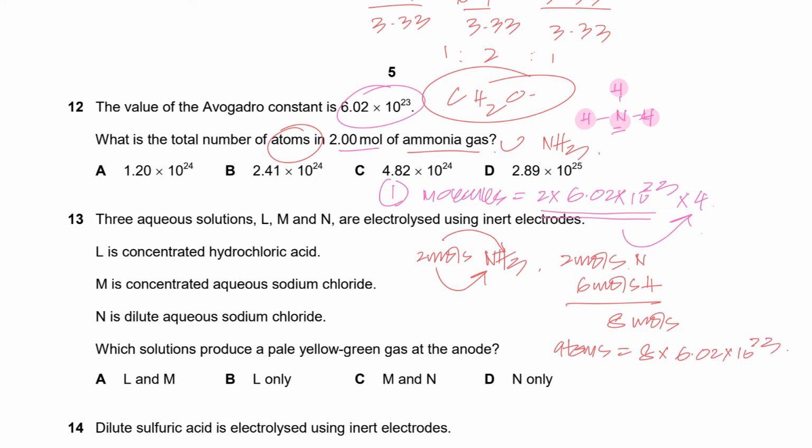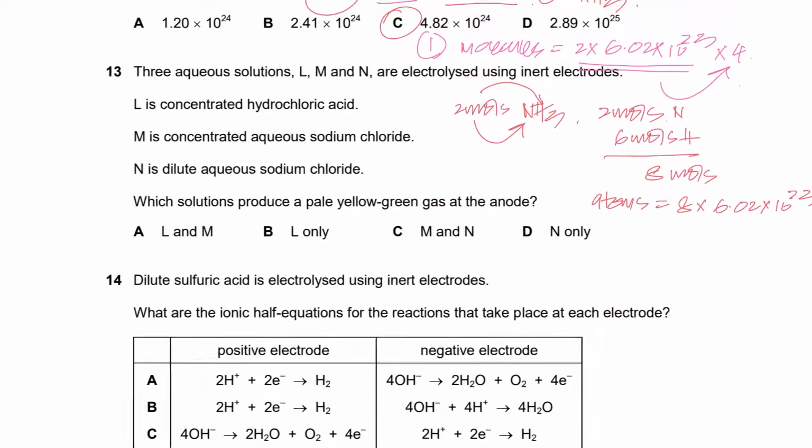Both cases give the same answer, because in the first case you multiply 2 by this number and then by 4, so 4 times 2 is 8. Here you first multiply 2 to find the moles of atoms, and then find the number of atoms. So either way, same result: 8 times 6.02 times 10 to the power 23. If I'm not wrong, that gives me C as the correct option. You can calculate it.